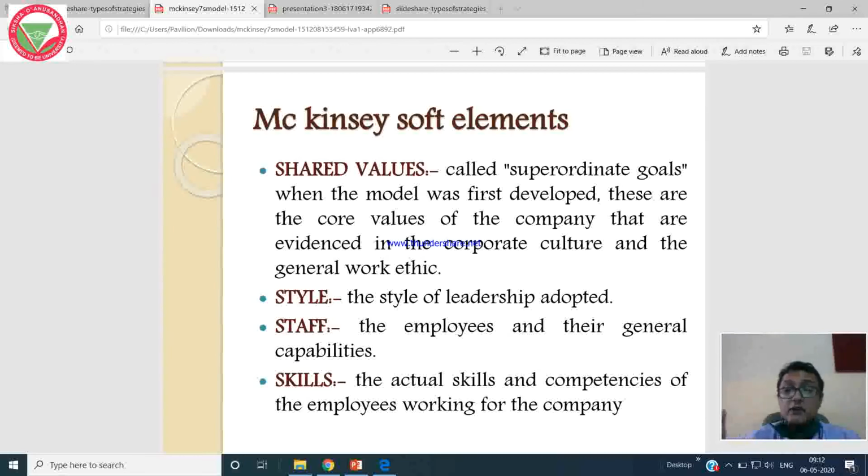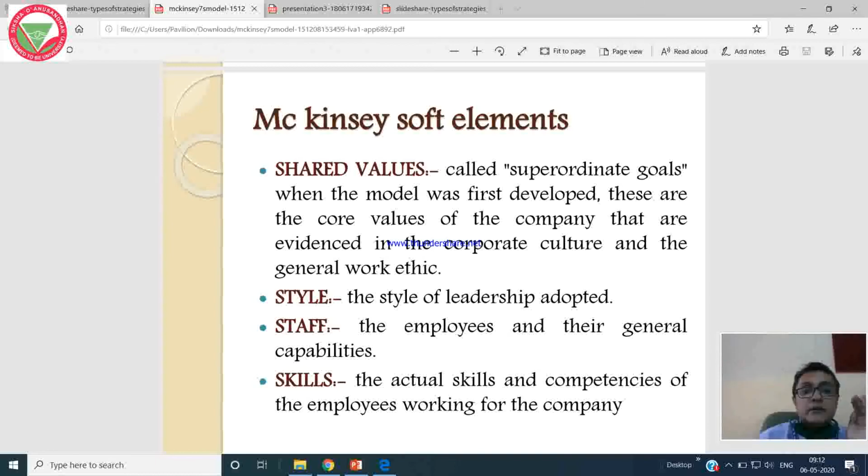That is against the corporate culture or general work ethics. Therefore, shared values are all those superordinate goals that align the individual values with the organizational values. Therefore, they are called your shared values.